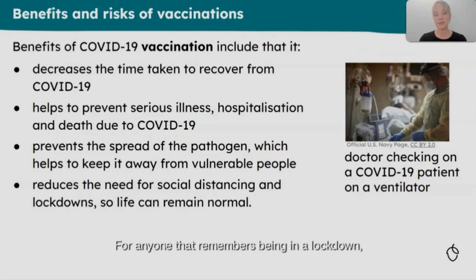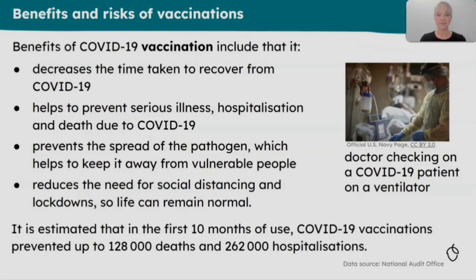For anyone that remembers being in a lockdown, it's where we weren't allowed to leave the house apart from maybe an hour a day to get some exercise, and you weren't allowed to mix with other households, even if they were close members of your family. So it really was quite distressing at the time.